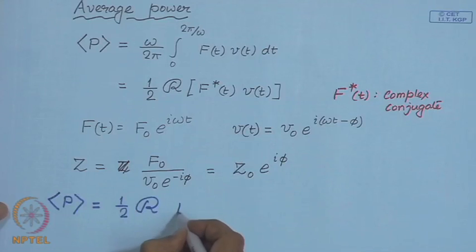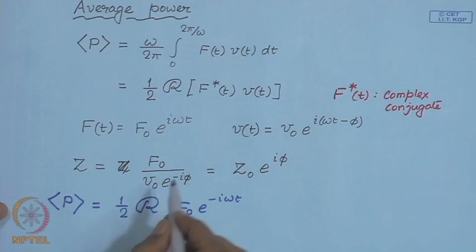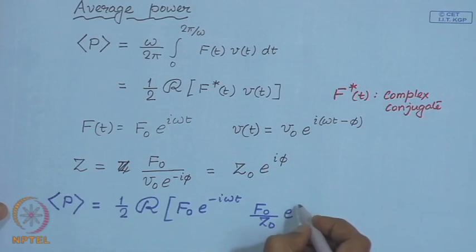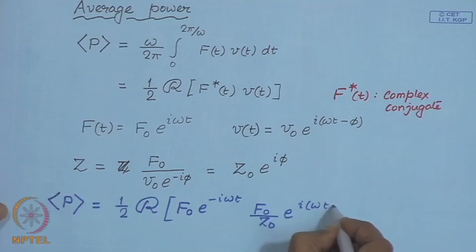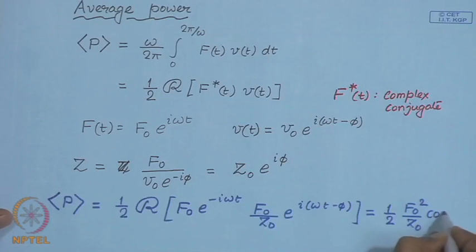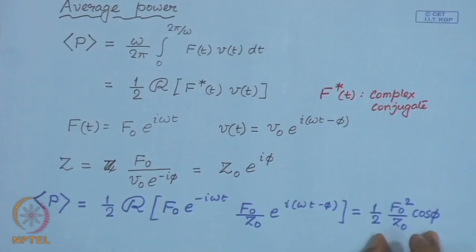So, f star is f naught, and the velocity I can write in terms of the impedance, and that turns out to be, which you can very easily determine. You have to take the real part of this. So, that turns out to be cosine of phi.